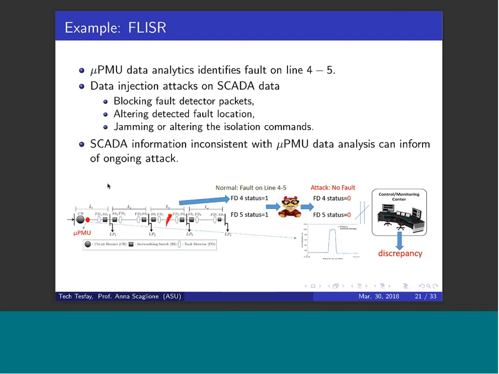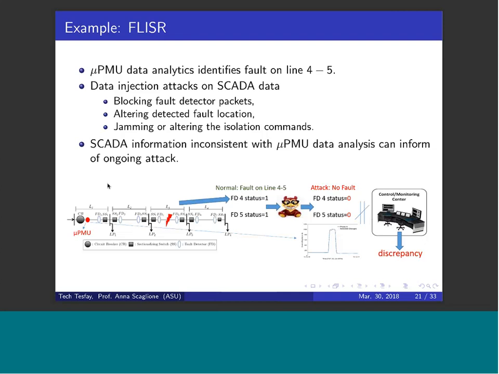So the feeder is just one possible example to apply our intrusion detection, but it applies to any centralized application, for example the state estimation algorithm, where we look for any mismatch between the PMU measurements and what SCADA at a slower rate would report to us.